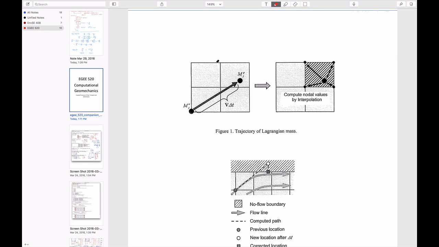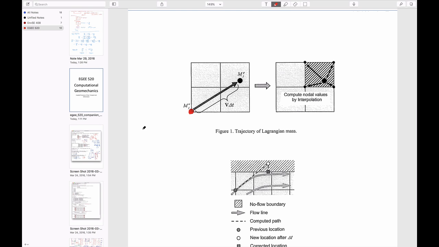You take your grid, say your finite element mesh, and instead of solving it in the way that we've talked about, defining boundary conditions and defining the equations for flow in the Eulerian method, since so far we've only used Eulerian methods, what we do is take particles that represent some amount of mass of the contaminant present in the system for the flow problem. We have this mass at this location.